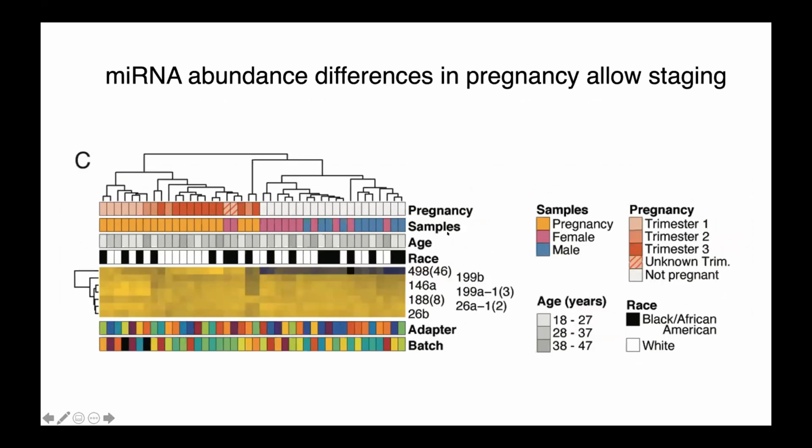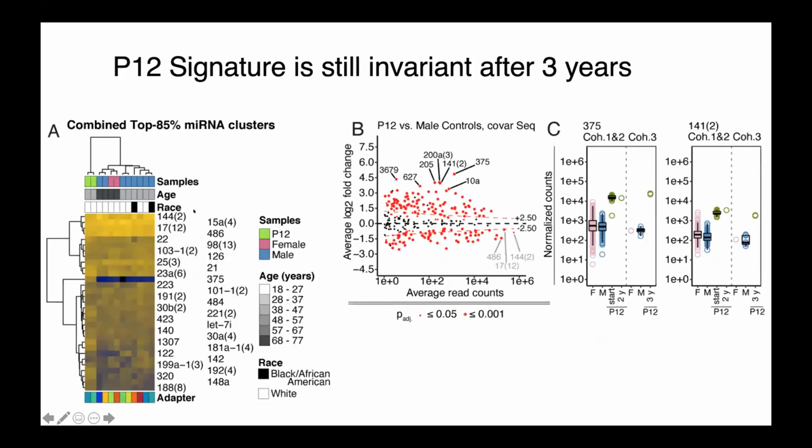Using these microRNAs that we identified, it is actually possible to discern early and late stages of pregnancy, and somewhat to also discern trimester 2 and 3, although not completely, using unsupervised clustering. Now, the question arose whether the individual P12, which had this neuroendocrine signature, was still showing the signature after 3 years.